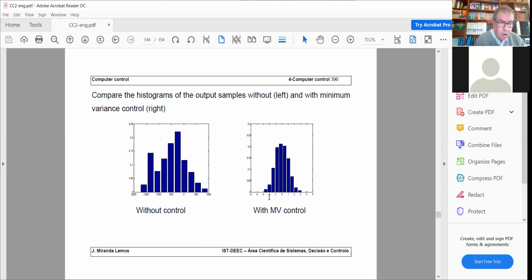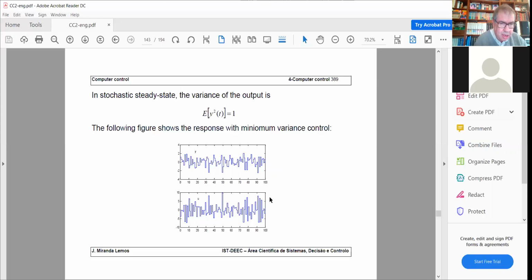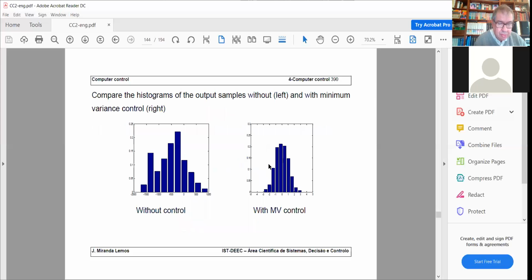Now, another way of looking at things is by making histograms. Okay. Remember that there is probably a small transient in the first samples that you can even not notice. But after, say, 30 points, it's in steady state. So you can build the histogram, so that the histogram is you divide the values of y in boxes.